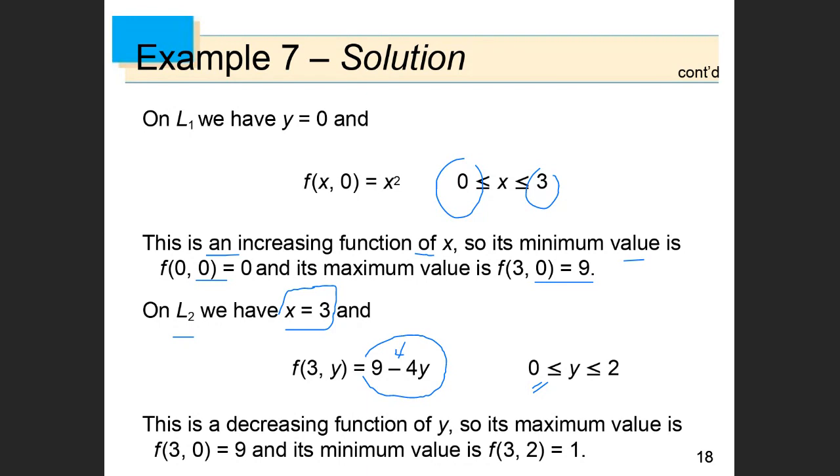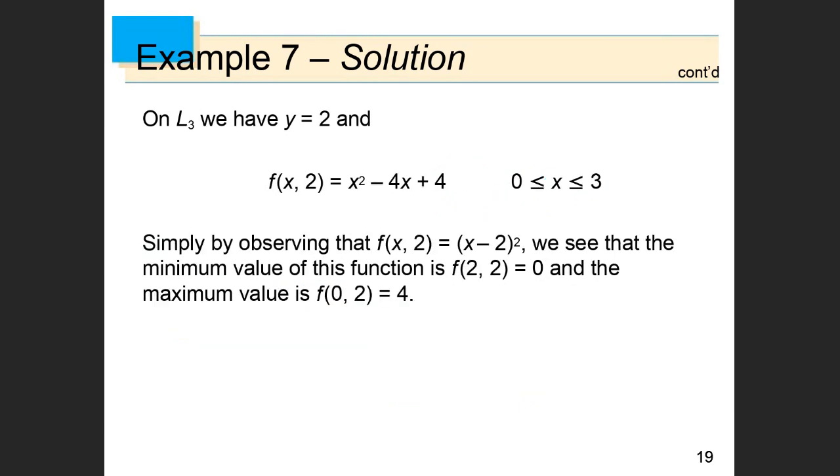The maximum here on L2 is 9 also. This is a decreasing function of y, so its maximum value is f(3,0), the same point we found before on L1. In fact, it's the intersection of L1 and L2. And the minimum now is at 3, 2.